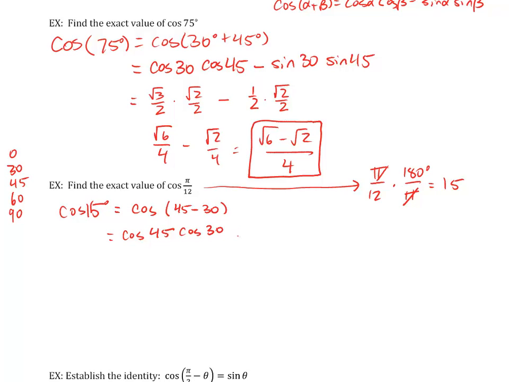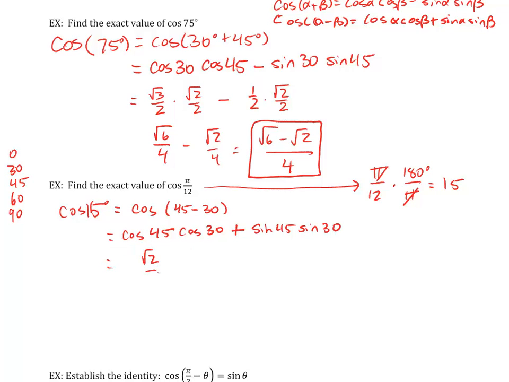Okay, which will give me cosine of 45 cosine of 30 plus, and I'm using the formula for cosine of alpha minus beta now, which is the same as alpha plus beta, only the signs are swapped. So cosine 45, cosine 30 plus sine 45, sine 30.